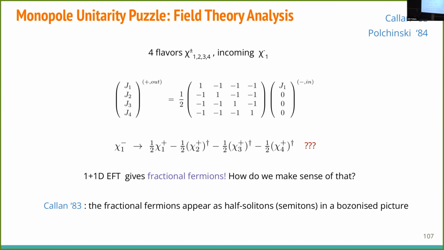This is derived in a bosonization language where fermions appear as solitons, and this looks like a soliton of half the height. But I'm a phenomenologist. I don't know what half a fermion means. Like I put a detector, I want to detect something. So even though very, very smart people have raised the possibility that there are half fermions coming out of this process, I personally don't know what it means.